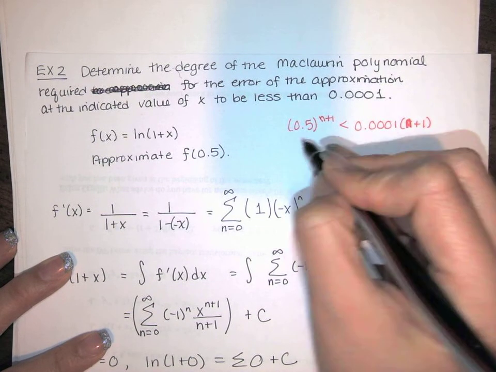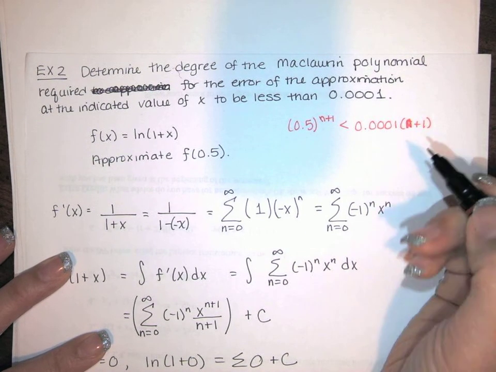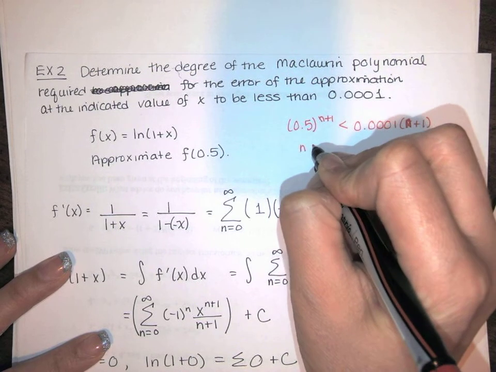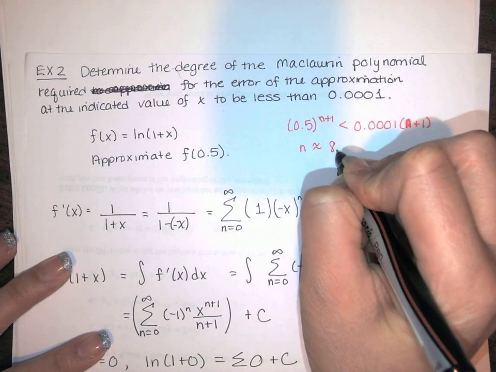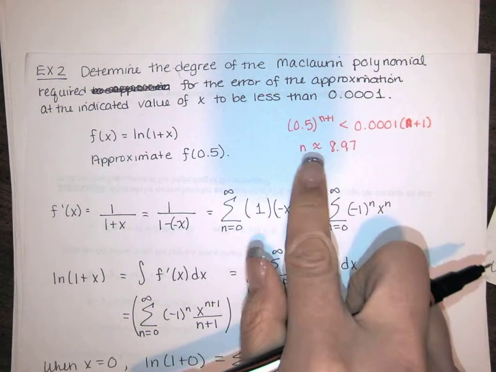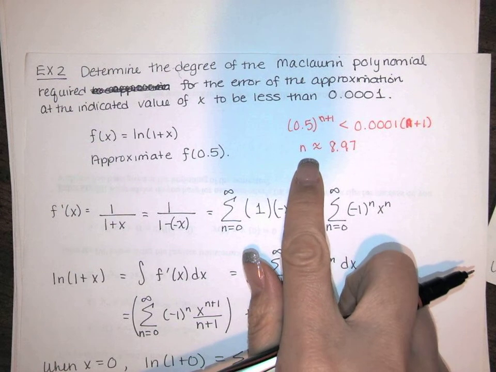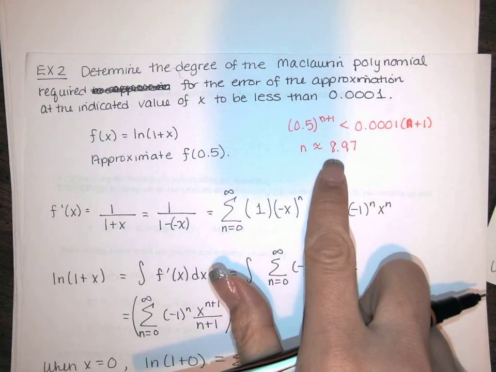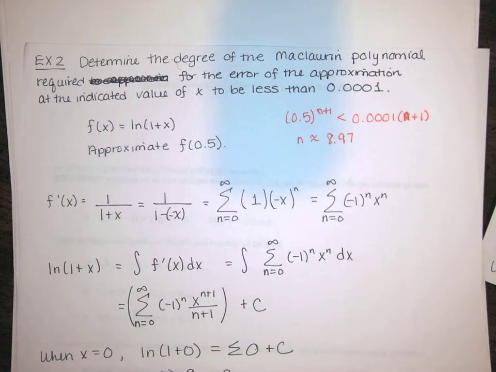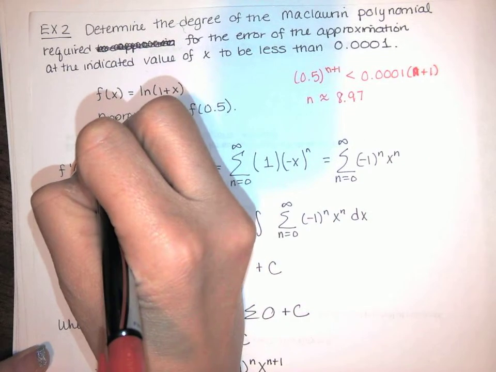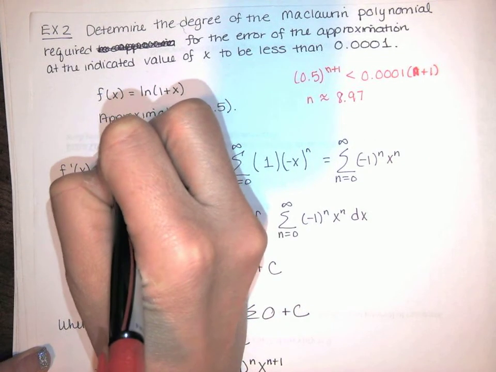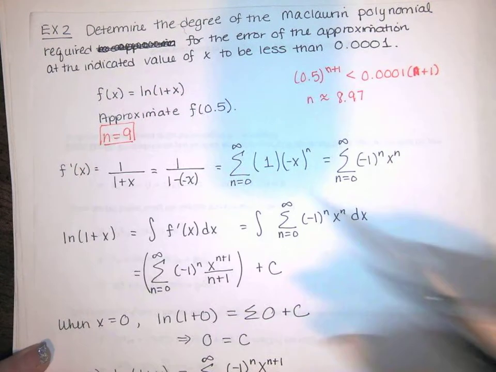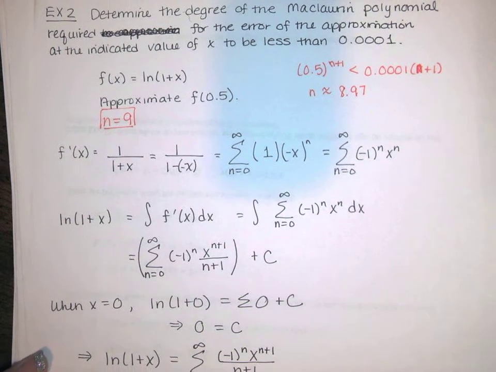And we can solve this inequality numerically, and we get n is approximately 8.97. So it looks like we need a 9th degree polynomial to get an error that good, because we need n to be greater than or equal to that number. So the degree of the polynomial is 9. So you're saying to yourself, well, what does that mean?